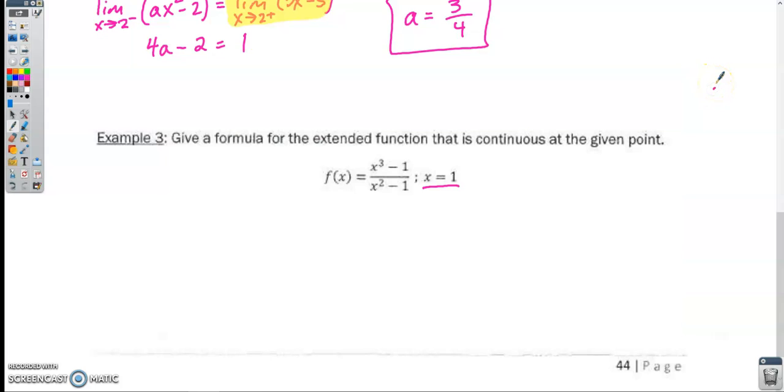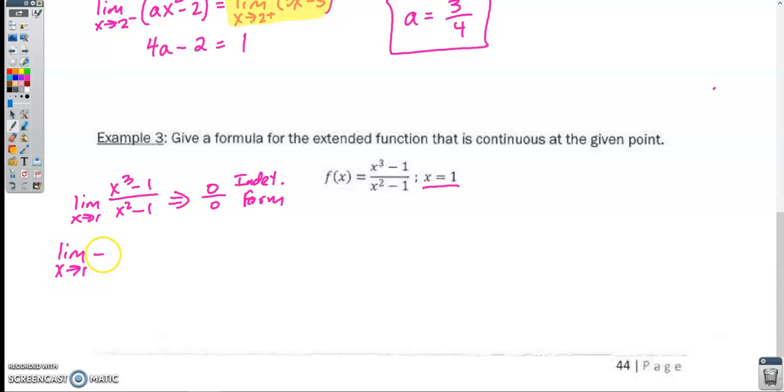Okay, so first thing I'm going to do, I try to find the limit as x approaches 1 of x cubed minus 1 over x squared minus 1. That leads me to a 0 over 0 indeterminate form. And so I am going to factor. Factoring the denominator is easy enough. Factoring the numerator is a little harder.